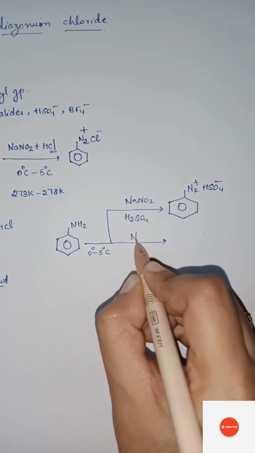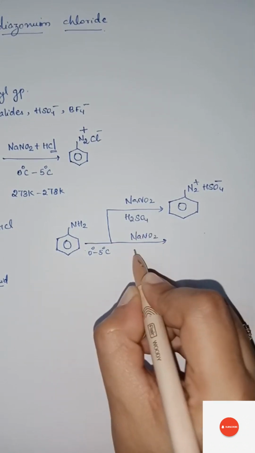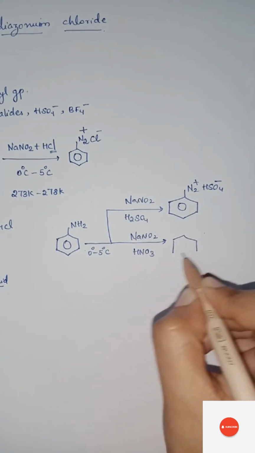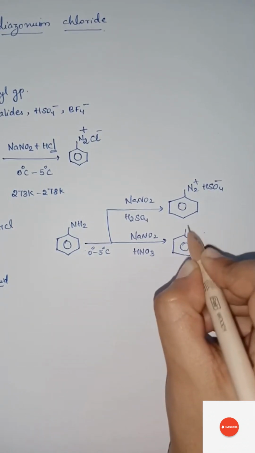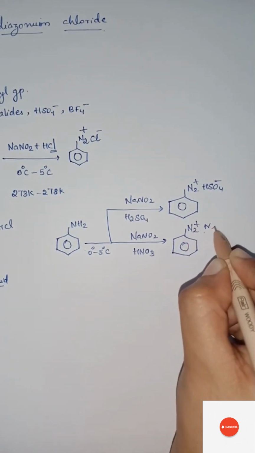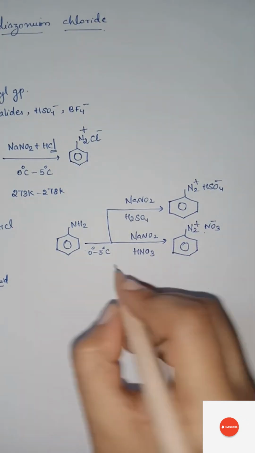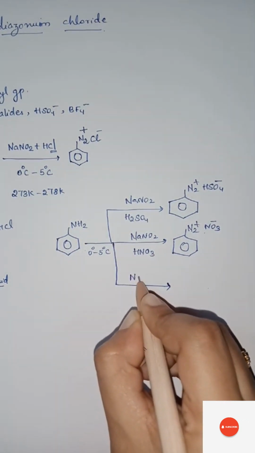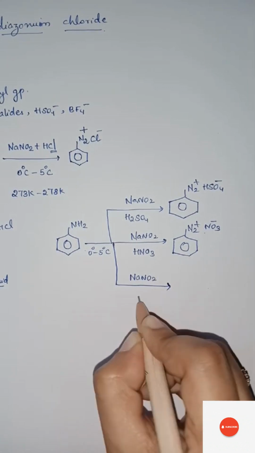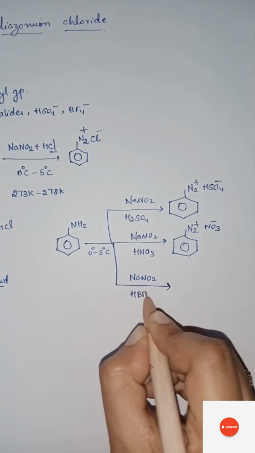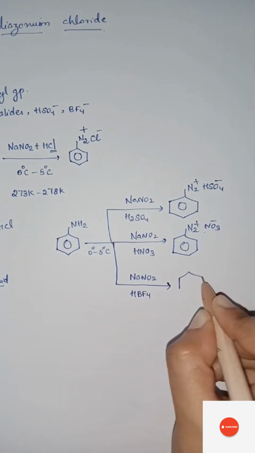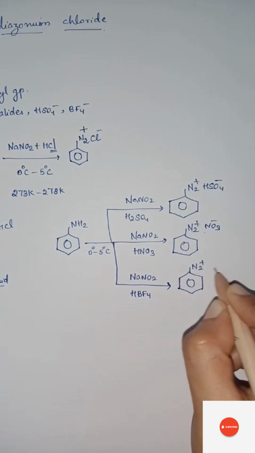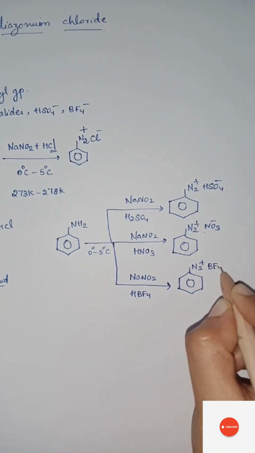And if I am using nitric acid, I will get benzene diazonium nitrate. And if I am using fluoroboric acid, NaNO2 plus HBF4, I will get N2+BF4-.